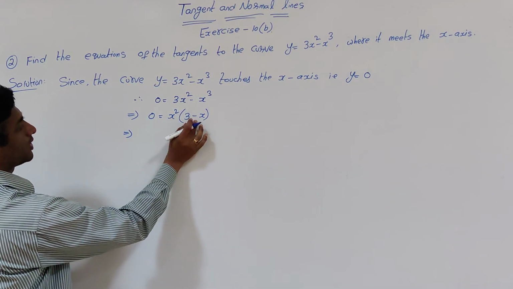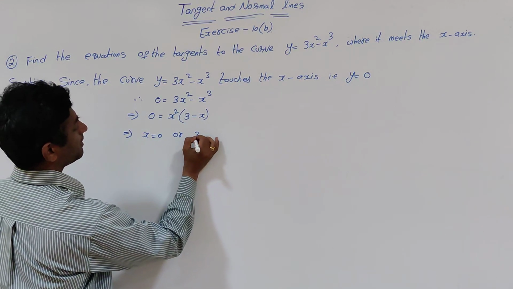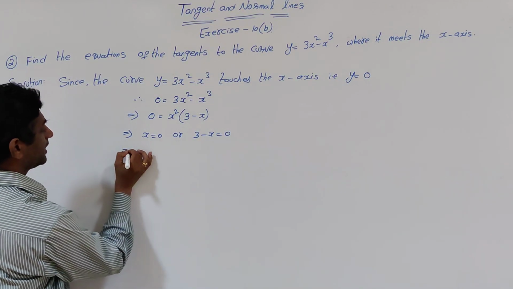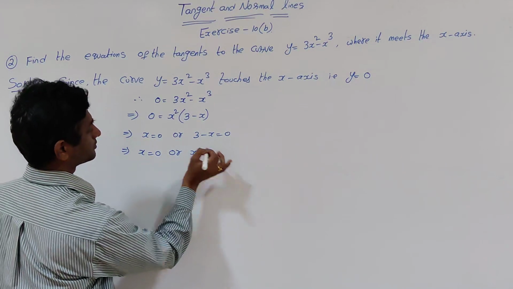The product of two terms is 0, so either x is equal to 0 or 3 minus x is equal to 0, implies x is equal to 0 or x is equal to 3.